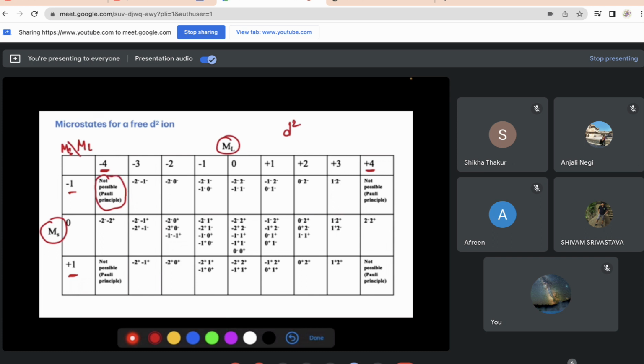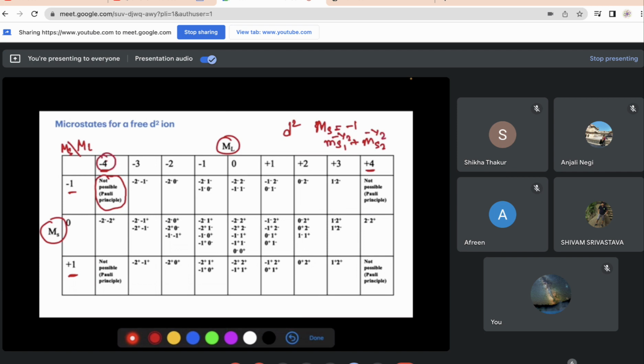Here, the possible number of microstates corresponding to ML minus 4 and MS minus 1 is actually not possible due to Pauli's exclusion principle. MS value minus 1 means ms1 plus ms2 should be minus 1, that is, both of them should have the same spin, minus half and minus half.